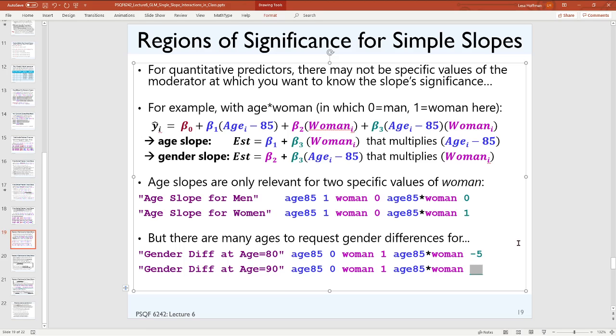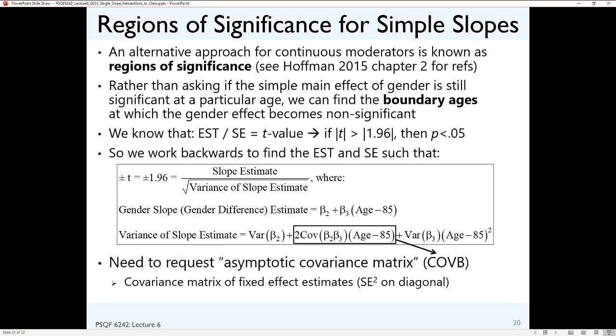And if I want age 90 relative to a centering point of 85, that would be a +5. But this is just 2 potential ages of what is actually an infinite list, right? I could ask for every possible age at which we have someone in the data set. So it becomes less useful to try and talk about simple slopes when there are many possibilities for what they could be. So as an alternative, I want to show you something called regions of significance.